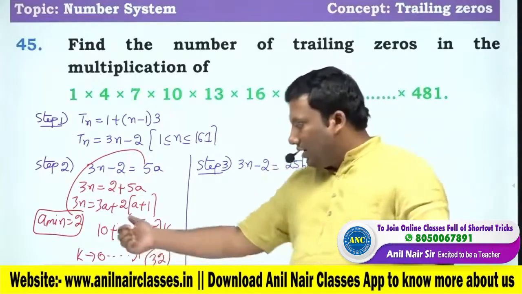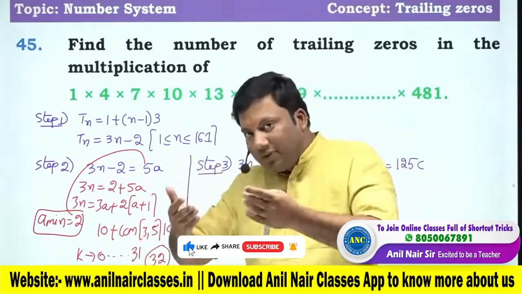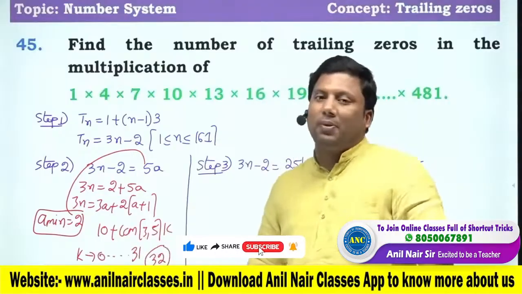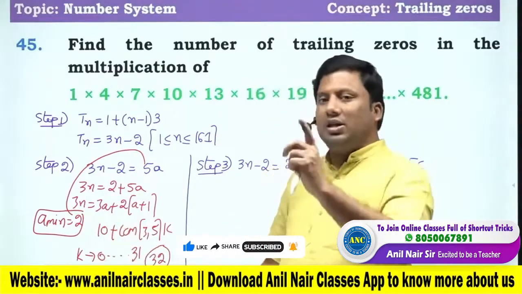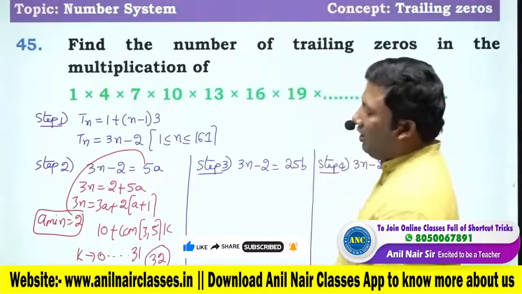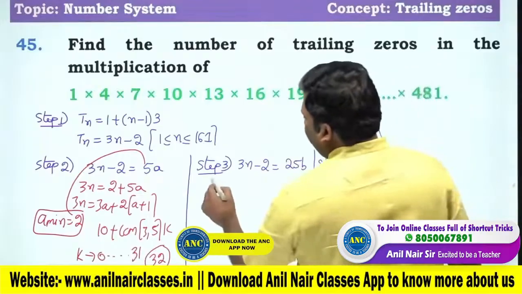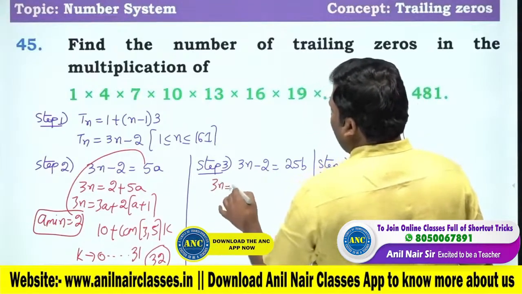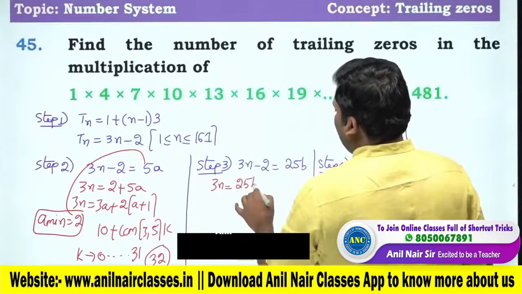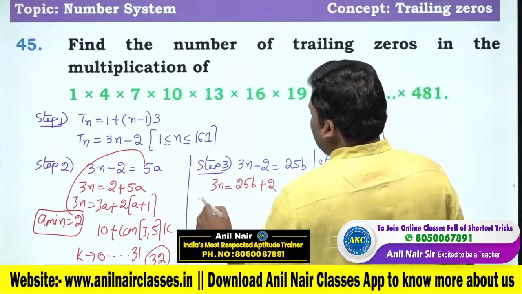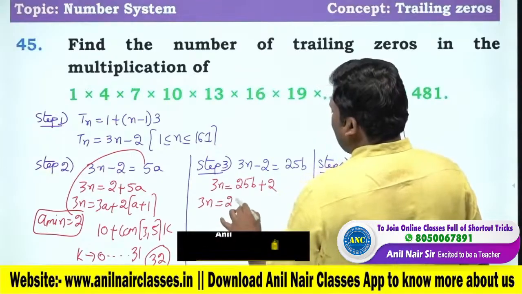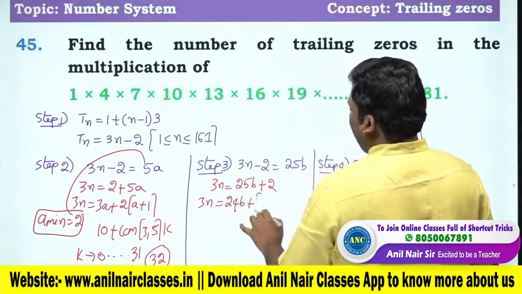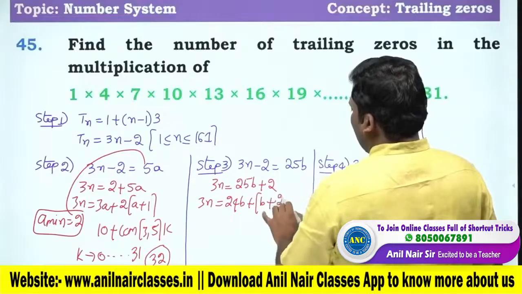32 values. 10, next is 10 plus 15, 25, 25 plus 15, 40, like that. All these are multiples of 5. Each one will give 1 power of 5. Next one. 3n minus 2 equivalent to 25b plus 2. 25b can be written as 24b plus b plus 2.